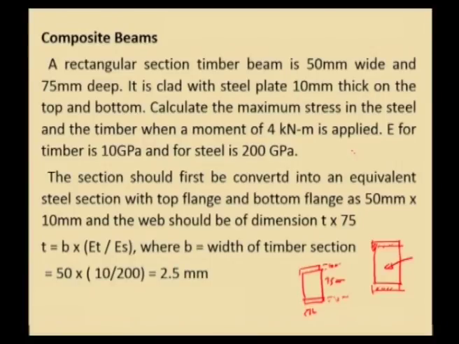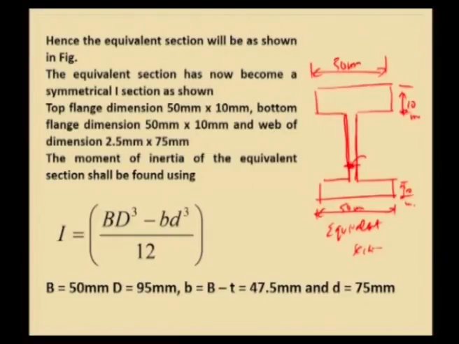Using that we can find the equivalent thickness of the timber section we want to transform into steel, which is B into Young's modulus of timber divided by Young's modulus of steel. That will give us 2.5 mm, and hence this section has a thickness of 2.5 mm. This is the equivalent section.